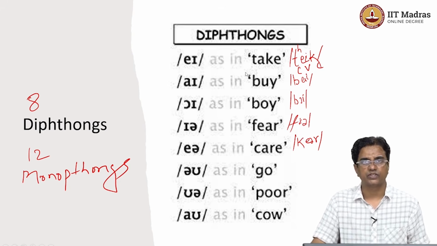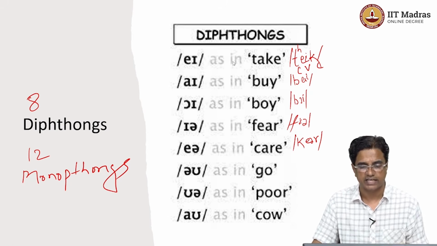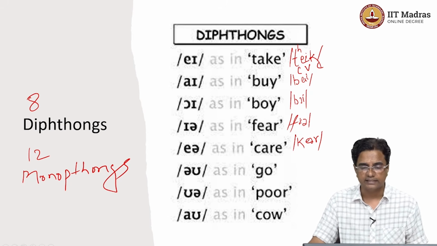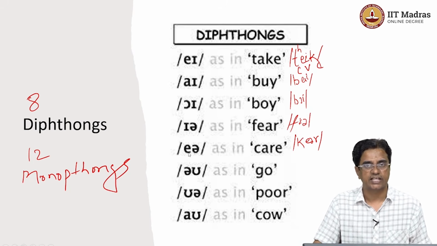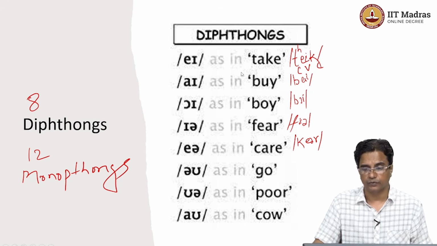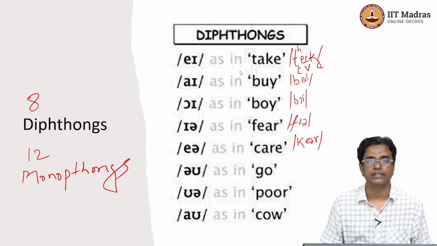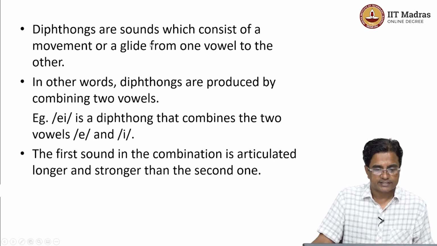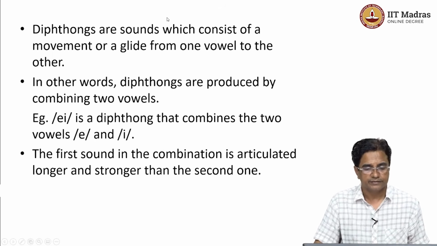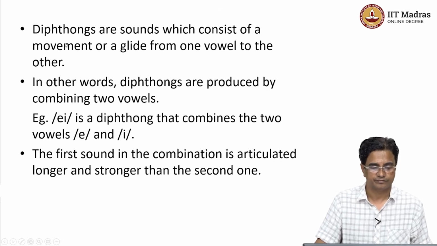At this stage, one suggestion for your exercises to understand it further: please find these sounds in more words that we speak. You can take help online. You can read a word and identify sounds in them, and you will get to see these sounds as well. So diphthongs are sounds which consist of a movement, a glide, from one vowel to another.